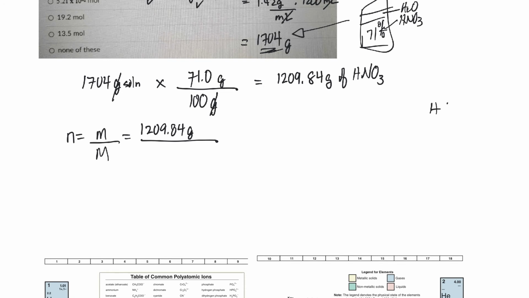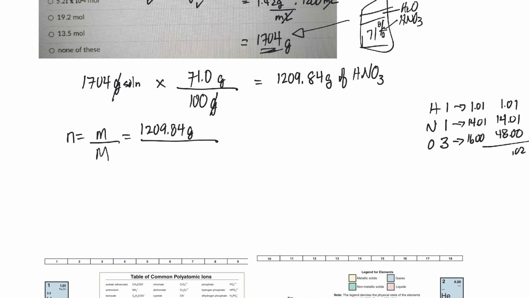So I have hydrogen, one of them, at 1.01 will be 1.01 total. Nitrogen, there's one of those too, and it weighs in at 14.01, so that's its total. And then I have oxygen, 3 of them. They're at 16, so altogether that's 48.